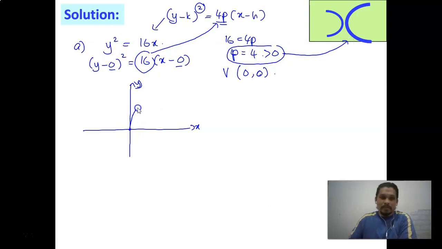Now p is 4, meaning from 0, 0 we move 4 units to the right: 1, 2, 3, 4. This is the coordinate of the focus, which is 4, 0.